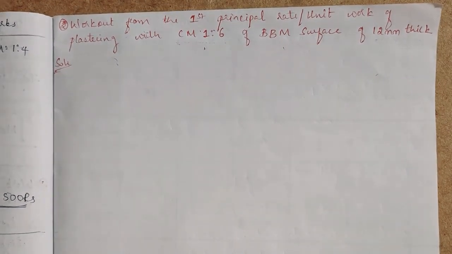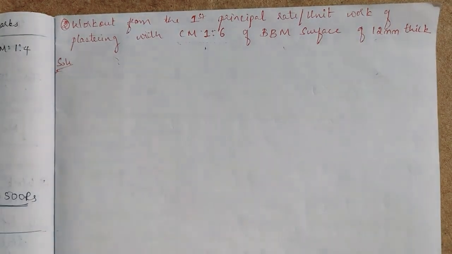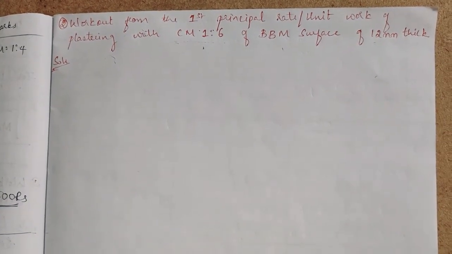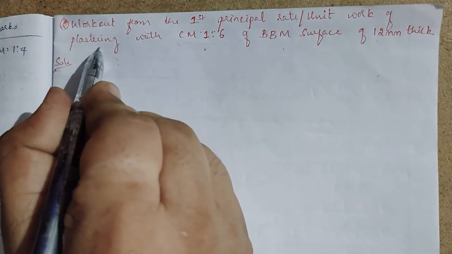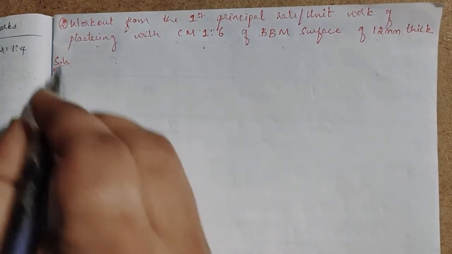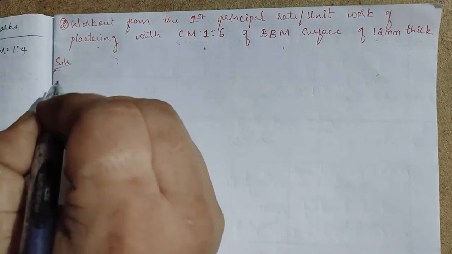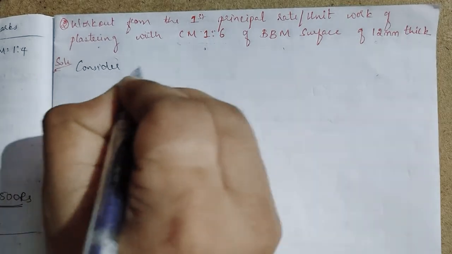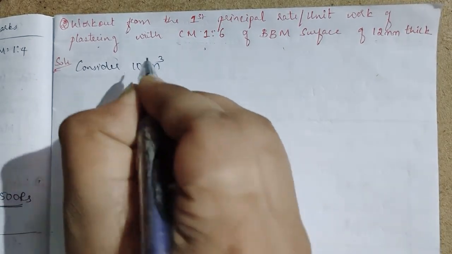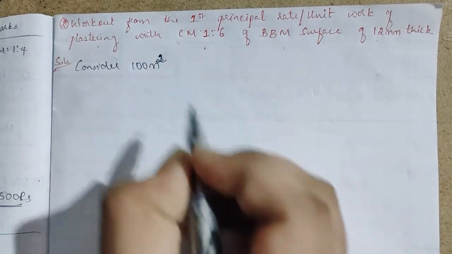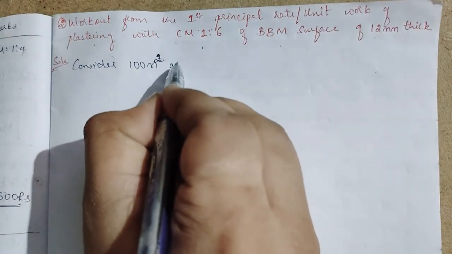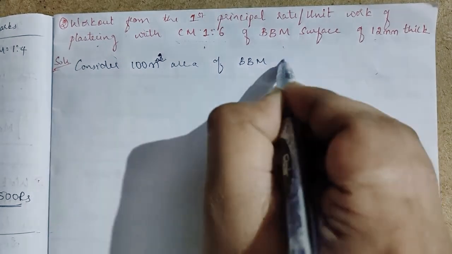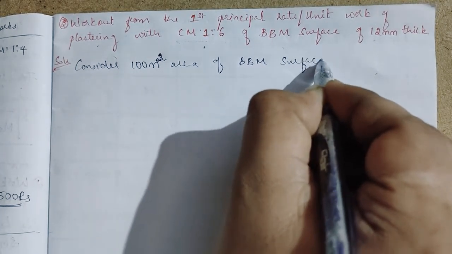Okay, now what we have to do, same routine. So we will assume a value now. So plastering is there, it is a meter square type of work. So let us assume or consider 100 meter square area of BBM surface, whatever surface they are given.